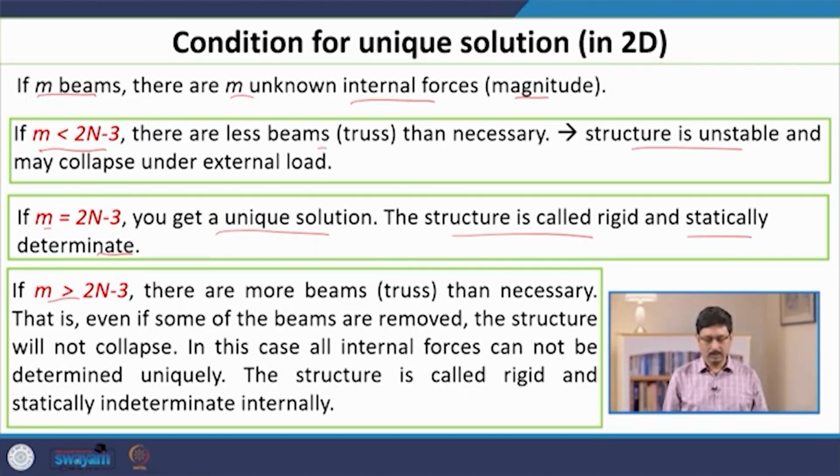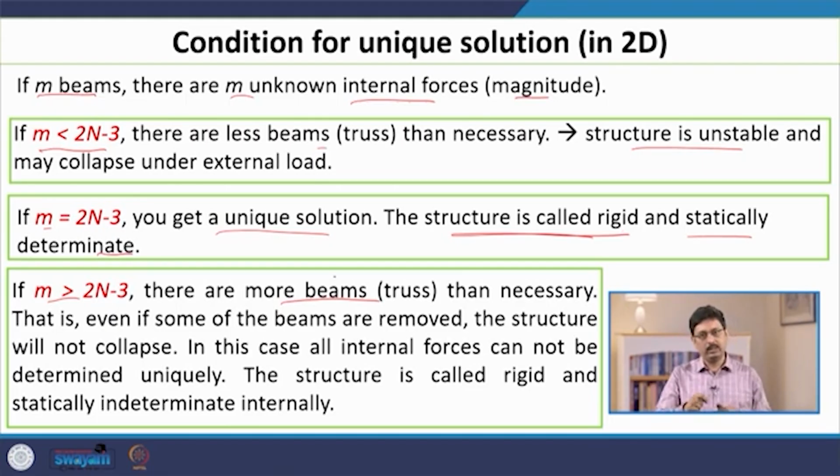How is that possible? It basically means that there are more beams than necessary. There is a minimum number of beams necessary to make the structure rigid, rigid in the sense that it can support the external load.